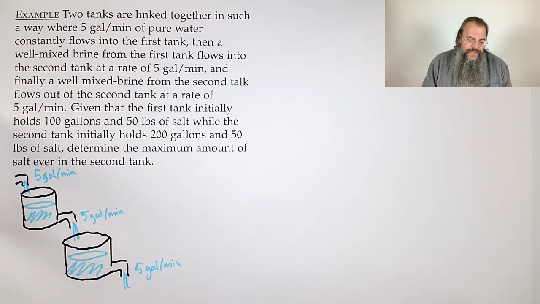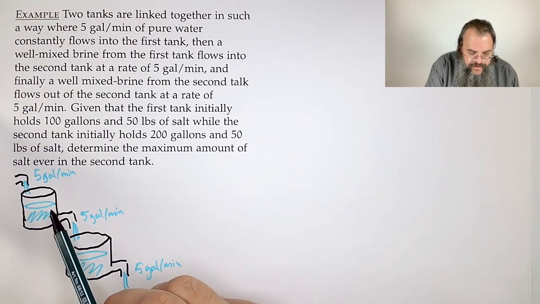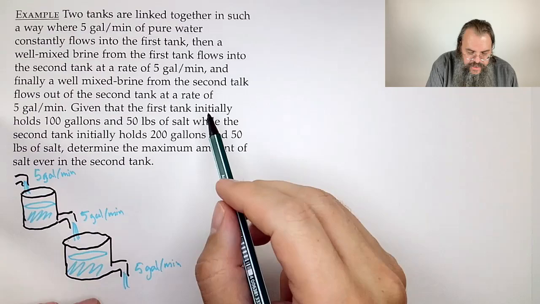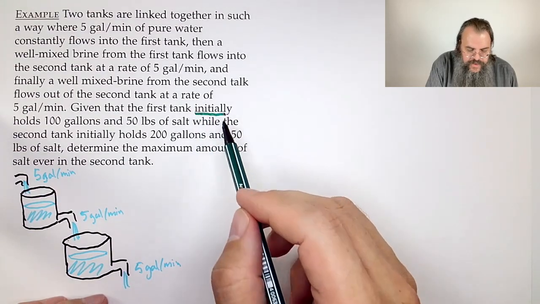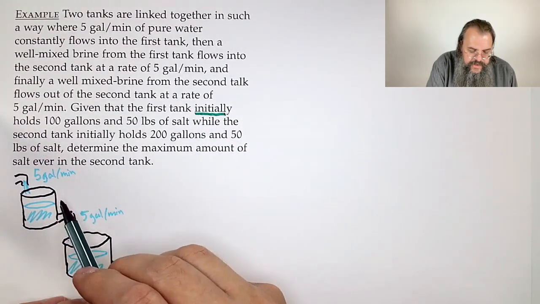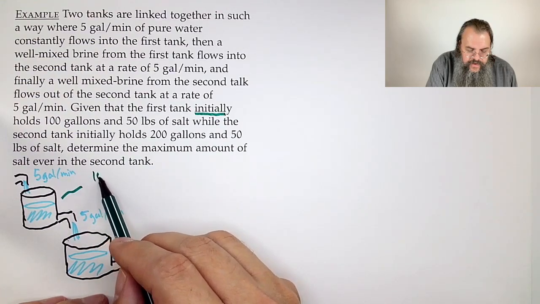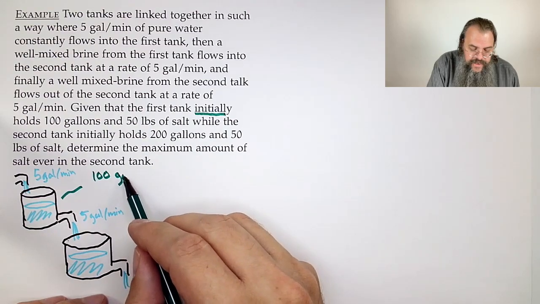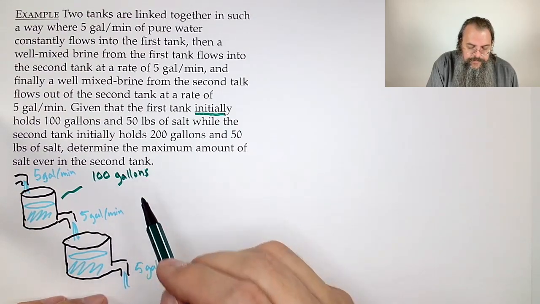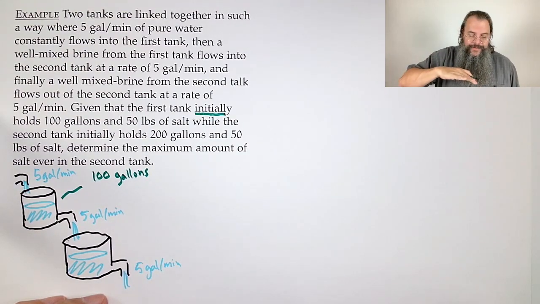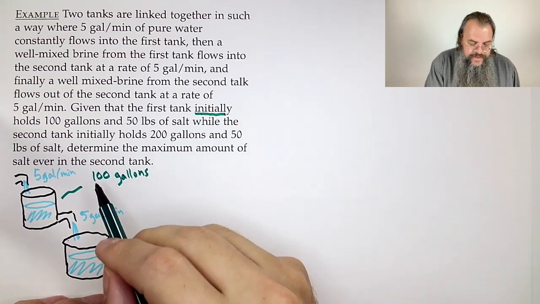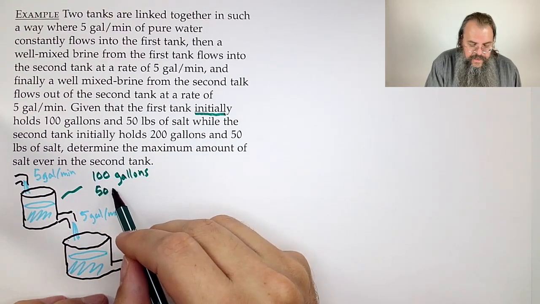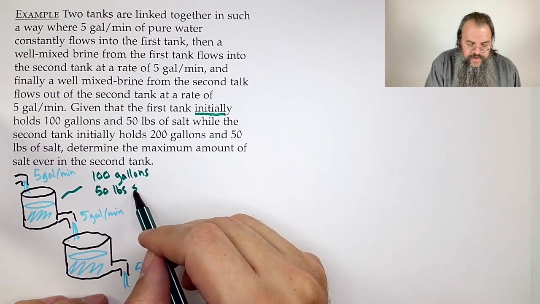Okay, so we're told something. The first tank, initially, so we have some initial conditions here. It holds 100 gallons, and notice that it will always hold 100 gallons, because the inflow equals the outflow. It holds 100 gallons and 50 pounds of salt.